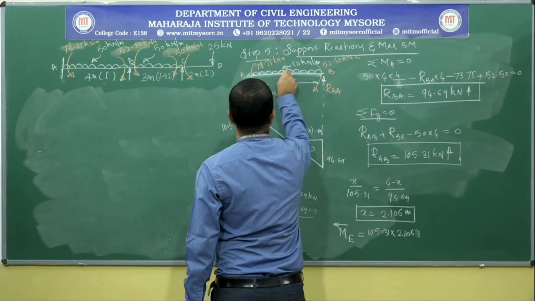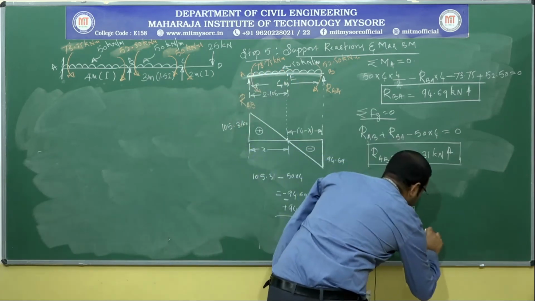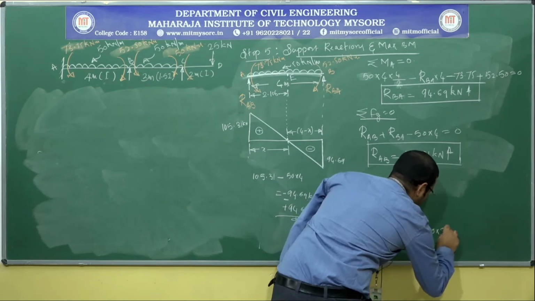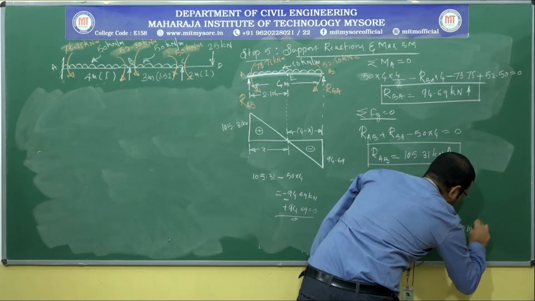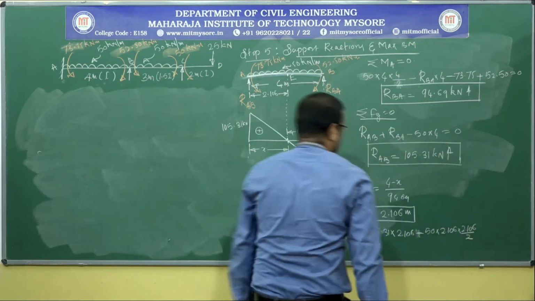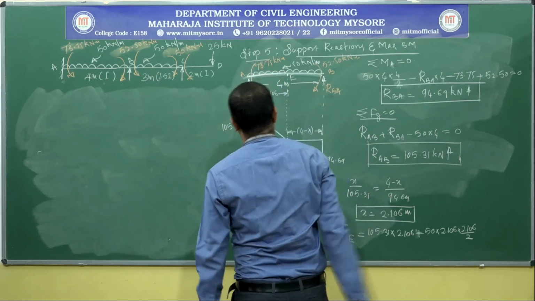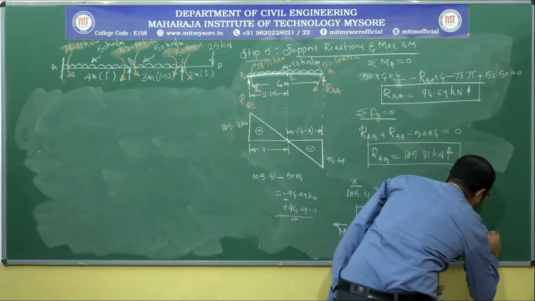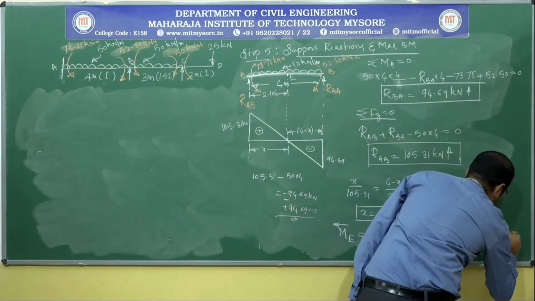The UDL on this portion is creating an anticlockwise moment. So it is minus 50 into 2.106 into 2.106 by 2, right. And apart from these two, we have an anticlockwise moment, so it is minus 73.75.